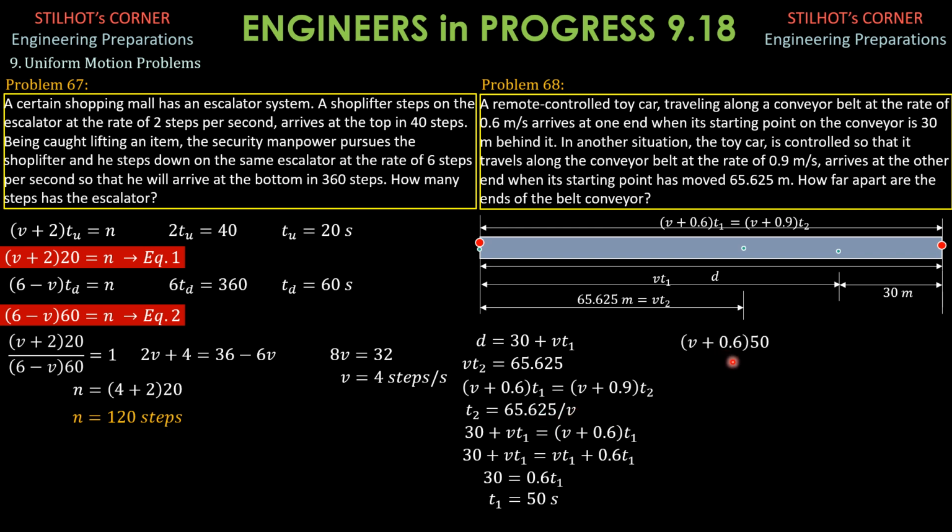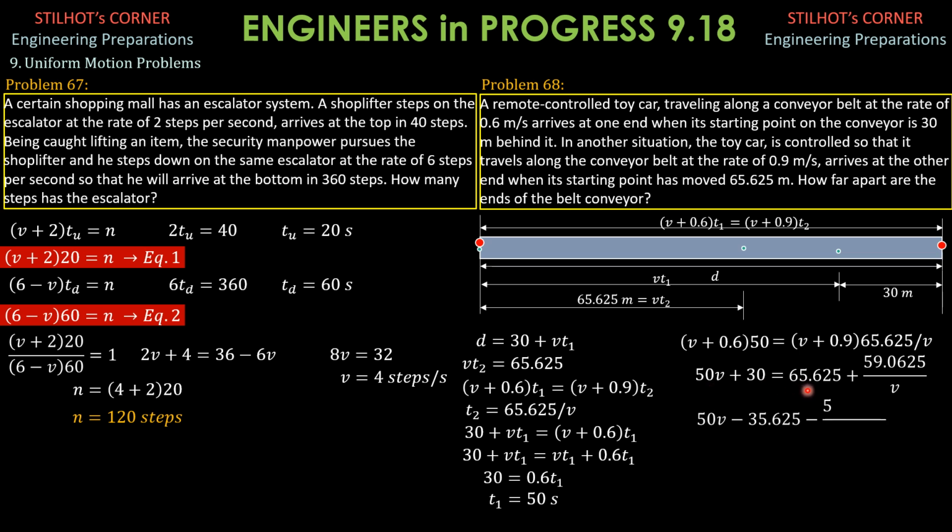So V plus 0.6 times 50 equals quantity V plus 0.9 times 65.625 over V. So distribute: 50V plus 30 equals 65.625 plus 0.9 of 65.625 over V. So that's 59.0625 over V. Simplifying, 50V minus 35.625 minus 59.0625 over V equals 0. Multiply everything by V. So we have 50V squared minus 35.625V minus 59.0625 equals 0.